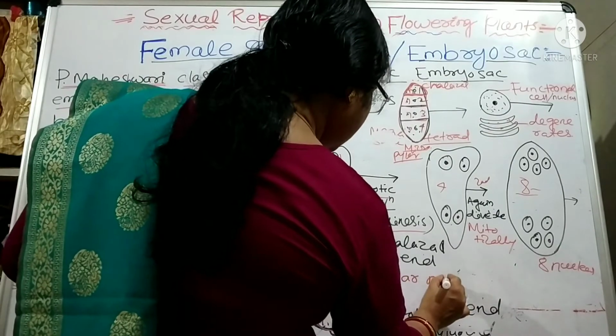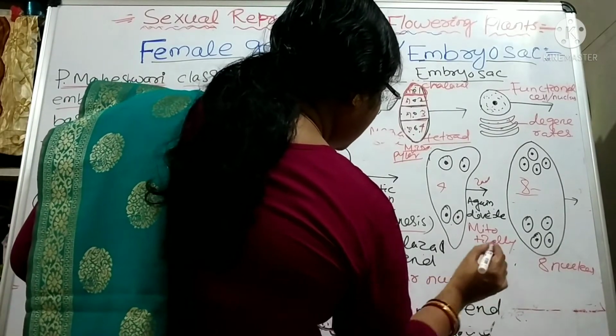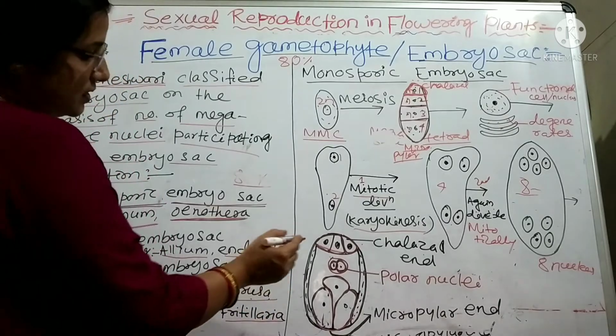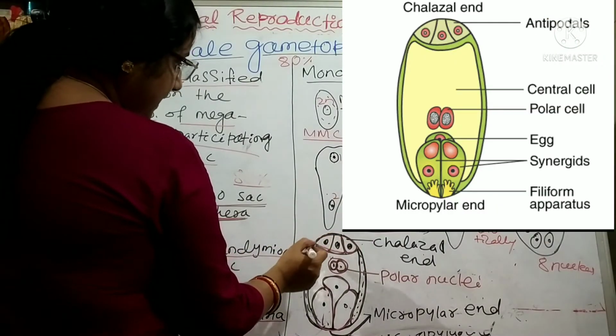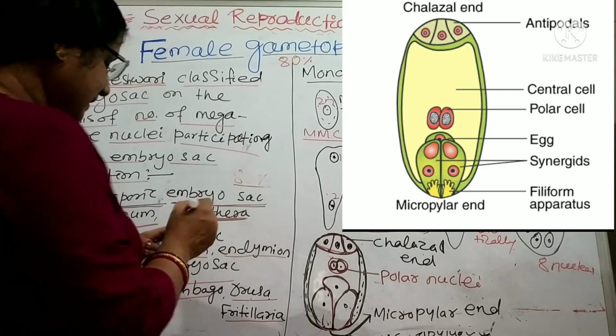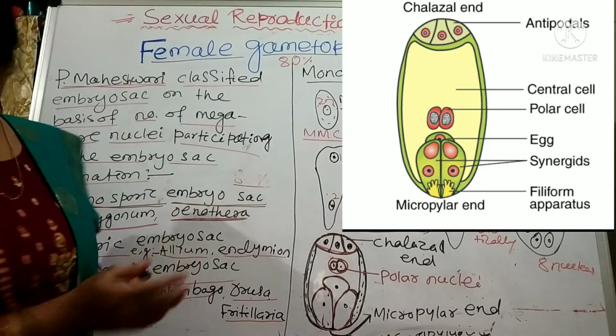The cells present in the chalazal end are known as antipodal. Let's draw the diagram here clearly.